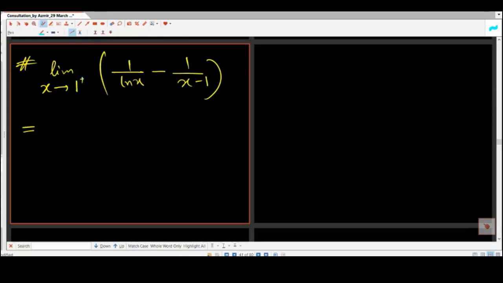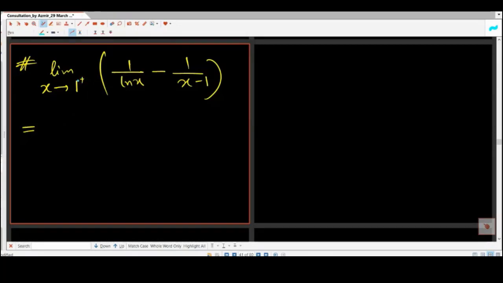I have given a plus sign here, but that is just a direction. It denotes that we are coming to 1 from the right. So we can skip that plus sign later.